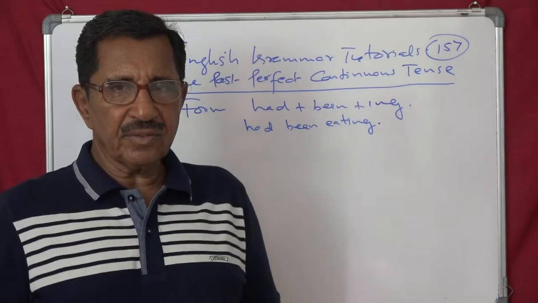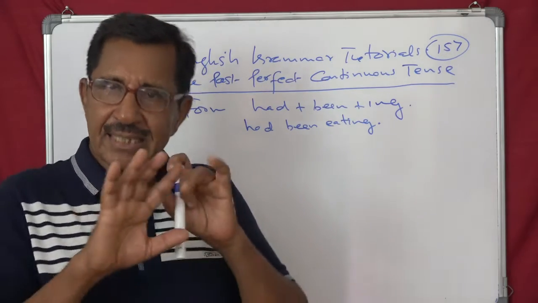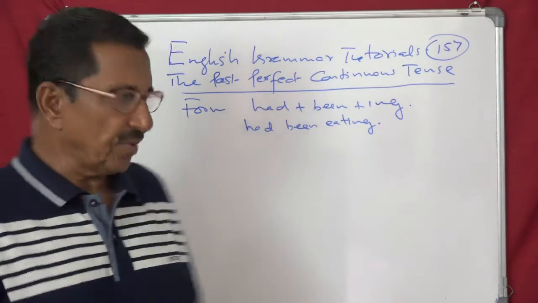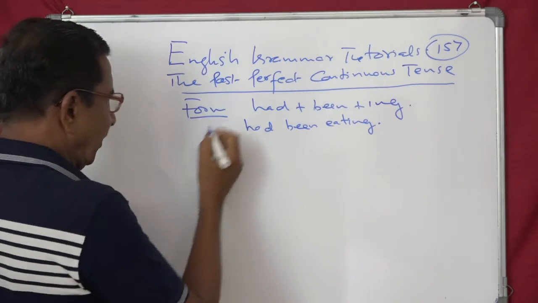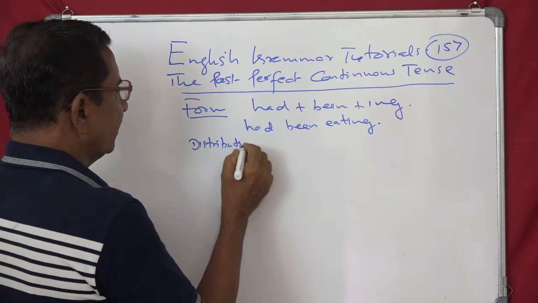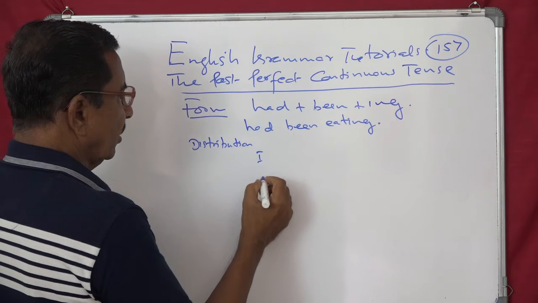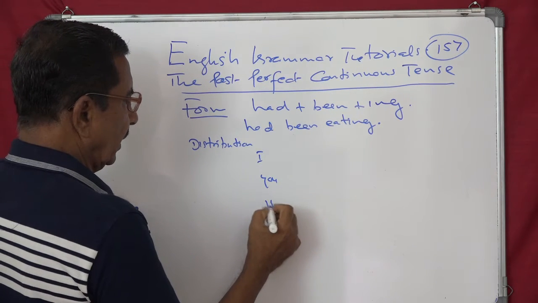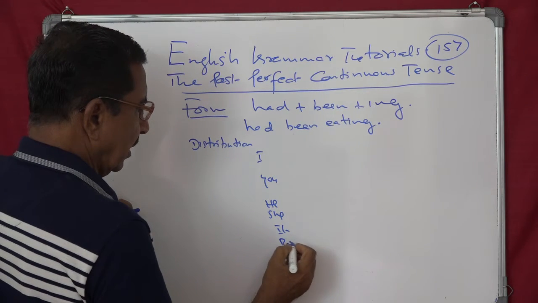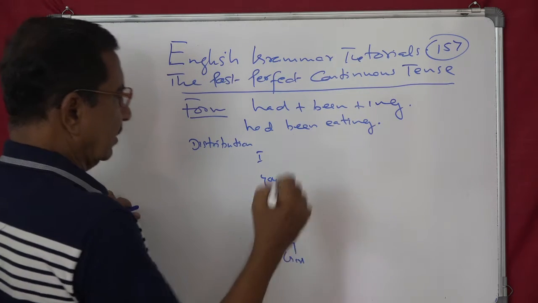Then next one, of course, is distribution. Same in all 6 places. For example, the first form, then distribution. That is our second step. Distribution is I, you, he, she, it, boy, girl, like that.